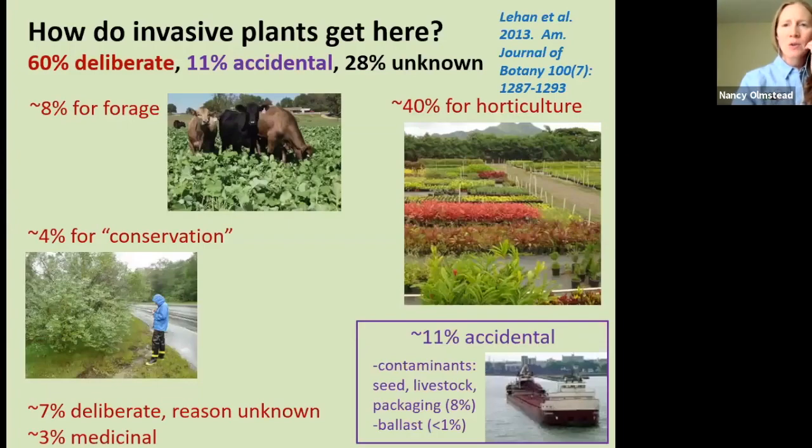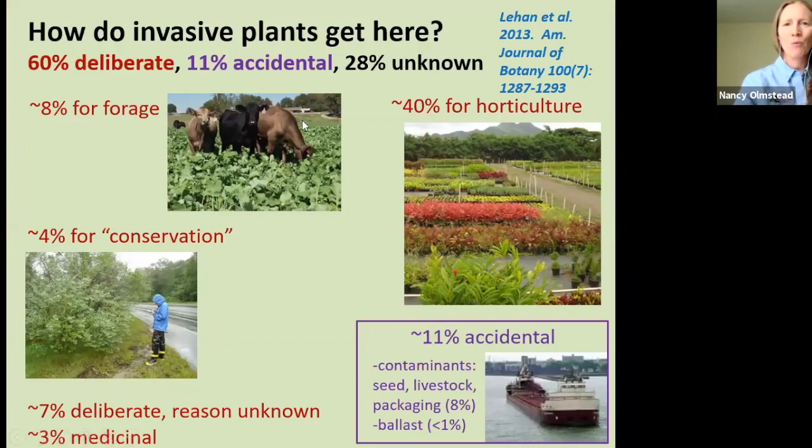In terms of how these plants arrive here, Lehan et al. did a review, and this was published in the Journal of Botany in 2013. And they found that 60% of introductions were deliberate. And those numbers are shown here in red, and they are 8% for forage. That kind of surprised me.